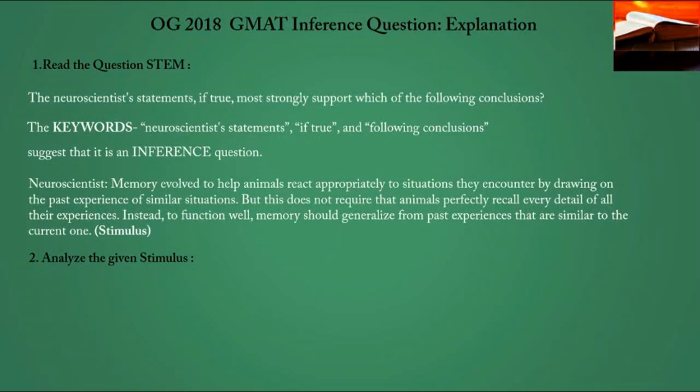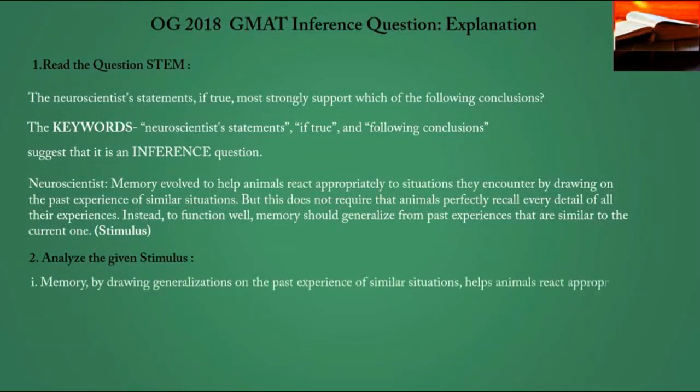I combine these two facts into one. Memory, by drawing generalizations on the past experience of similar situations, helps animals react appropriately to situations. This information is relevant or required to make an inference.